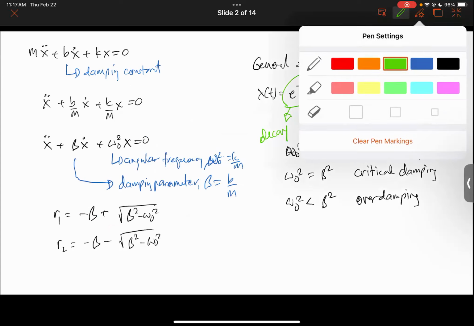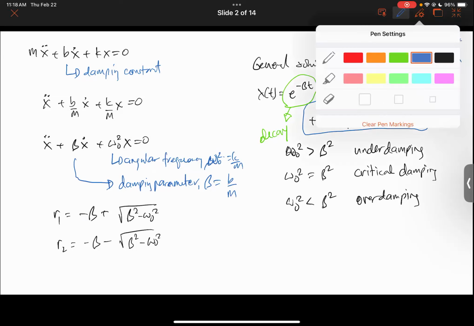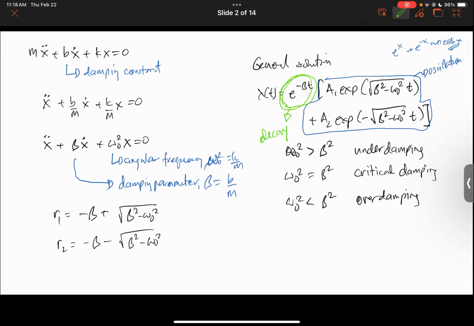Makikita niyo naman na itong oscillation ay oscillating kasi, di ba? Essentially ang exponential x plus exponential negative x is somehow related to cosine, or in this case cosine hyperbolic of theta. So it's an oscillating function. But because we're multiplying it by the exponential of minus beta, it oscillates and at the same time it also decreases at this rate.